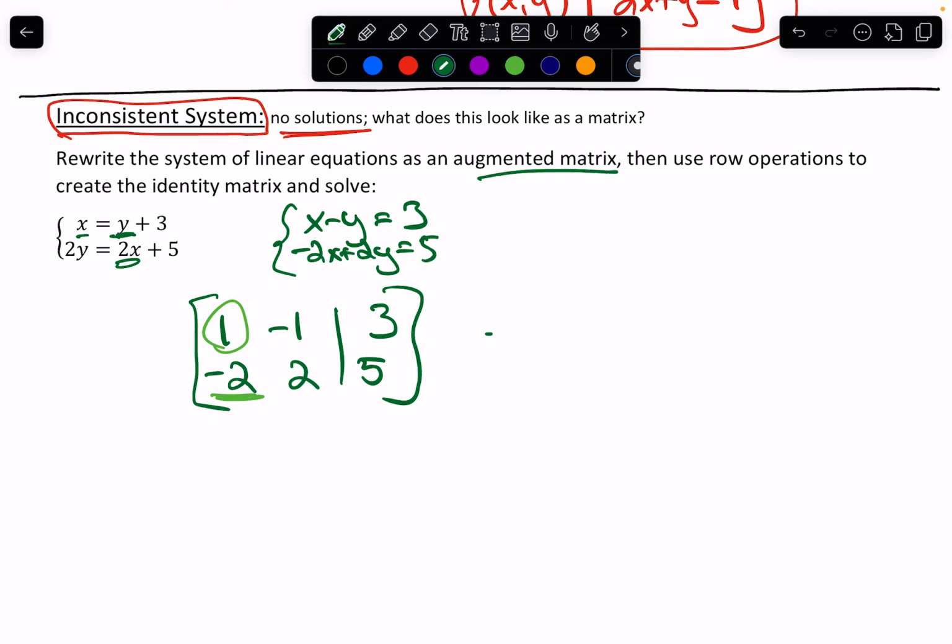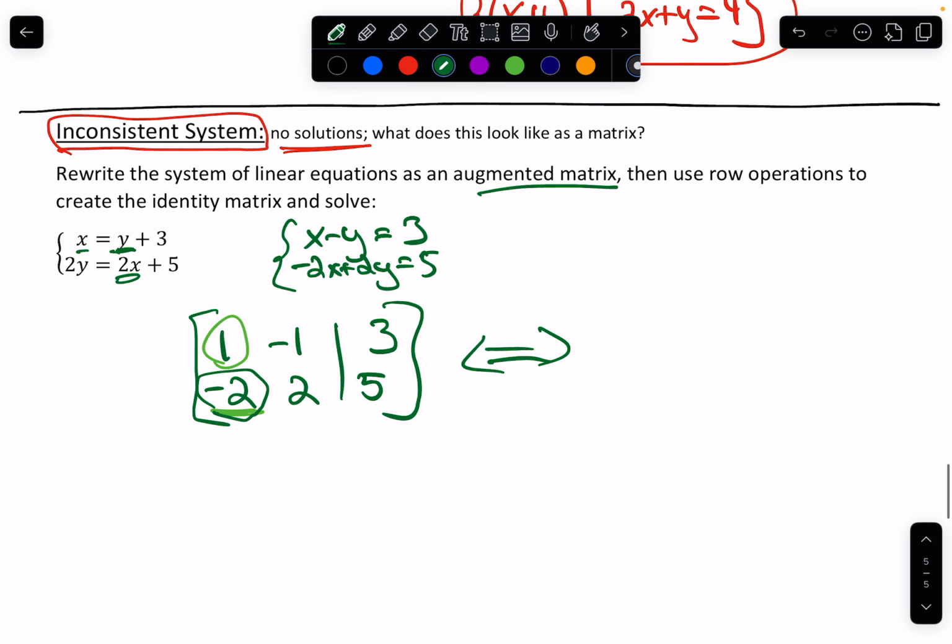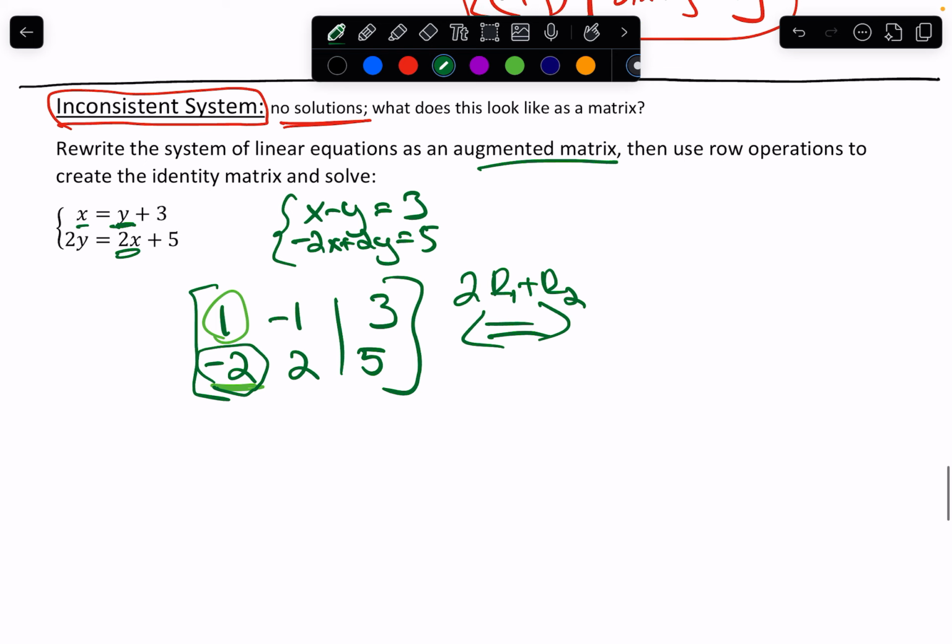Since this is negative 2, we're going to multiply by the opposite, which is 2 times row 1 and add it to row 2. Our first row does not change. 2 times 1 is 2 plus negative 2 is going to be a 0. 2 times negative 1 plus 2 is going to be a 0. 2 times 3 is 6, plus 5 is going to be 11.